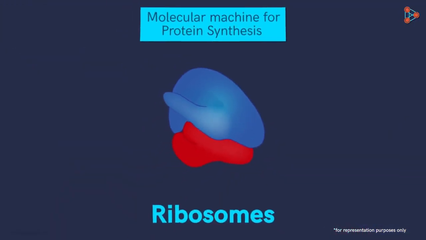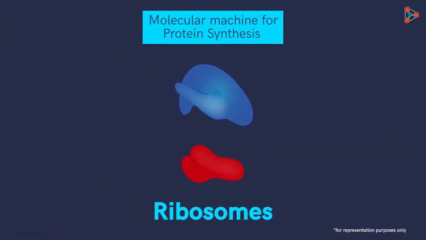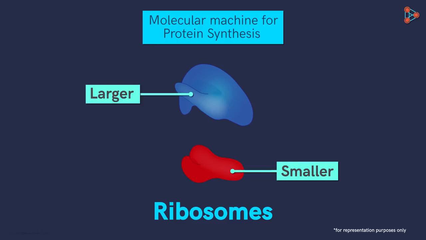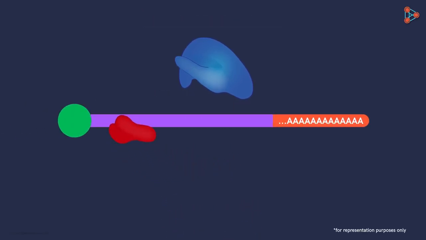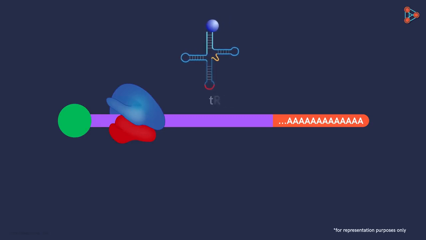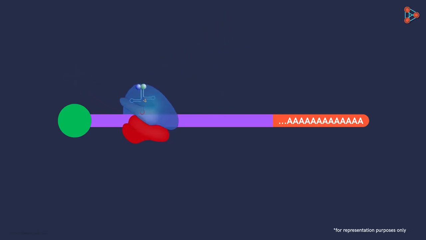So the ribosomes are usually made up of 2 subunits, a smaller and a larger one. The smaller subunit binds to the mRNA at the initiation site. Once this is done, the larger subunit binds and completes the assembly. Now the other type of RNA, called tRNA, steps in to get the remaining work done. At the end, a chain of amino acids is formed and released from the ribosomal unit.